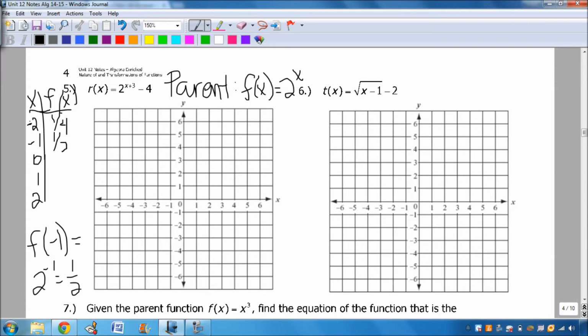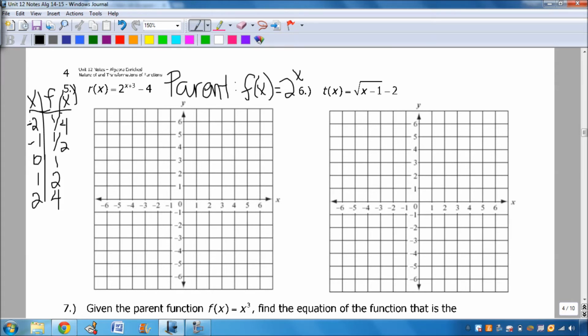So this value right here is 1/2. If I want to figure out what f of 0 is, then I'm going to plug in 0. So this is going to say f of 0 equals 2 to the 0th power, which is equal to 1. So this right here is 1. F of 1 would be 2 to the 1st power, which is 2, and f of 2 is 2 to the 2nd power, which is 4. Okay? I sped up a little bit at the end, so if you have any questions about that, write yourselves a note and I'll help you out with it in class.